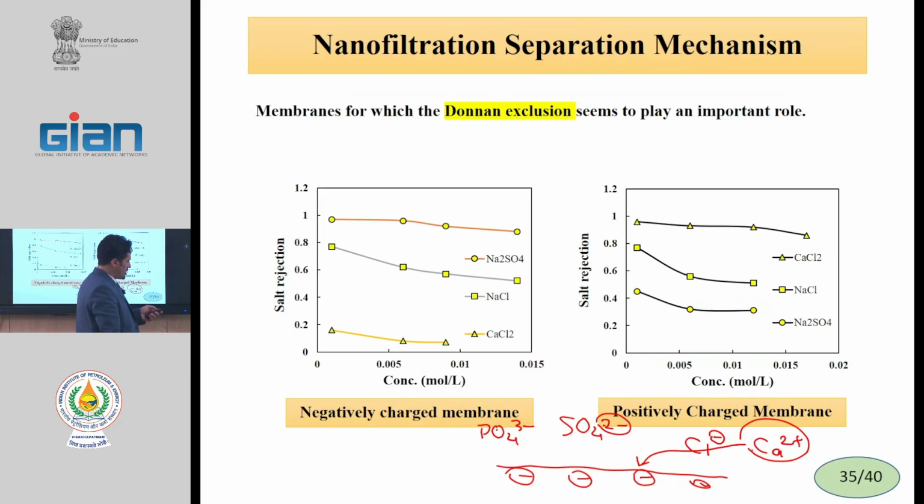In a positively charged membrane, the trend is reversed. In a positively charged membrane, calcium with 2 plus is rejected more, sodium is moderate, and sulfate is lower.